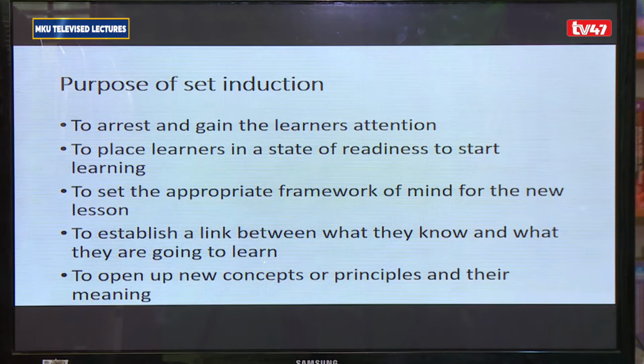Then you may perhaps be continuing with a previous lesson, and therefore you need to establish a link between what they know, what they are going to learn, and perhaps what they had learned before this lesson. And now the next one is to open up new concepts or principles and their meaning before you start the lesson.